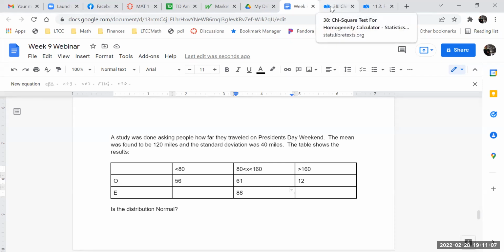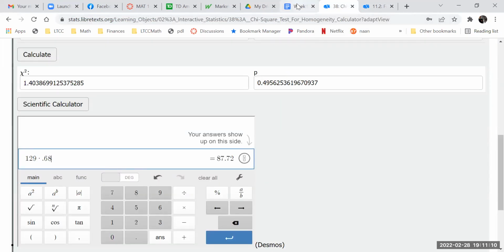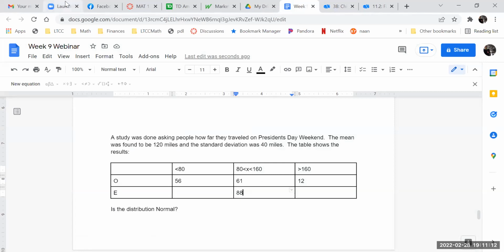Now notice again, we had 129. That was our sample size, right? So if there's 129, we expect 88 of them to be within 1 standard deviation. Then I subtract 88 to get how many are outside of one standard deviation. And 129 minus 88 is 41. I did that in my head, you don't have to, though. You're always allowed to use a calculator.